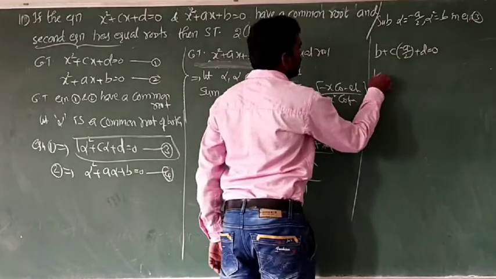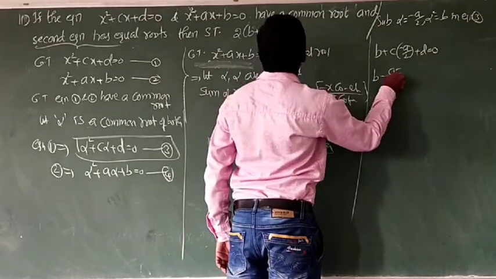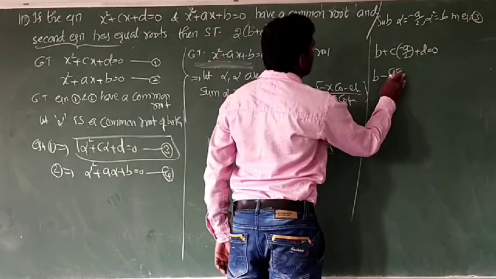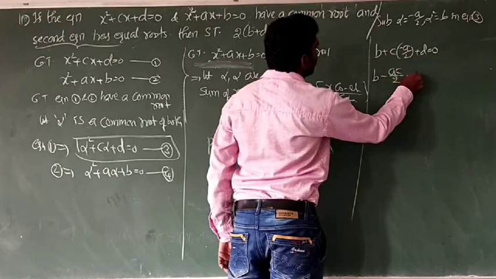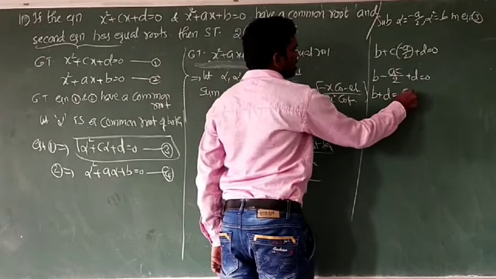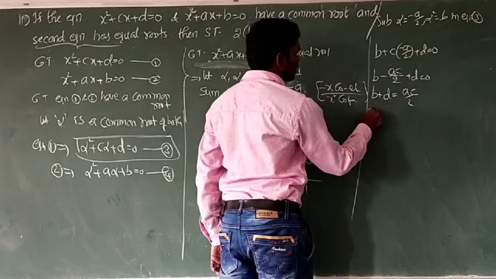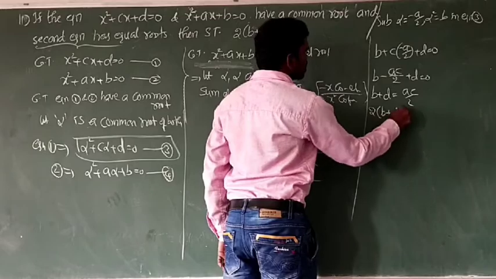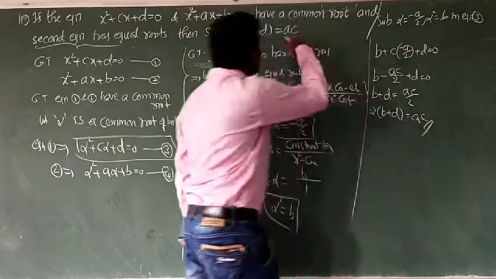So b minus a square by 2 plus b equal to 0. So 2 into b plus b, keep in the left side, a square by 2 send to the right side, and 2 bring to the left side, 2 into (b plus d) is equal to ac. Okay, now what is the condition?